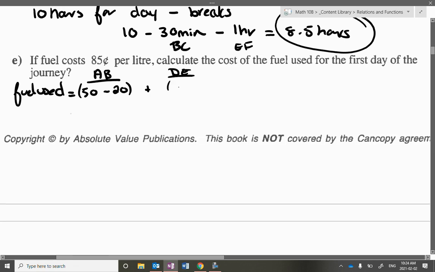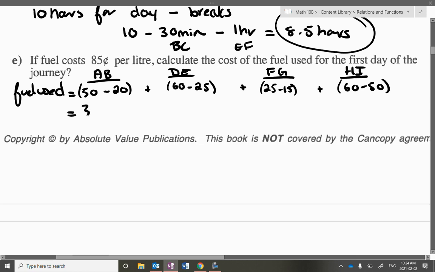D to E, they went all the way up to 60 and dropped down to 25. Then they took another break, so F to G, they used from 25 liters down to 15. And then our last chunk of time is H to I, which they used 60 to 50 liters.